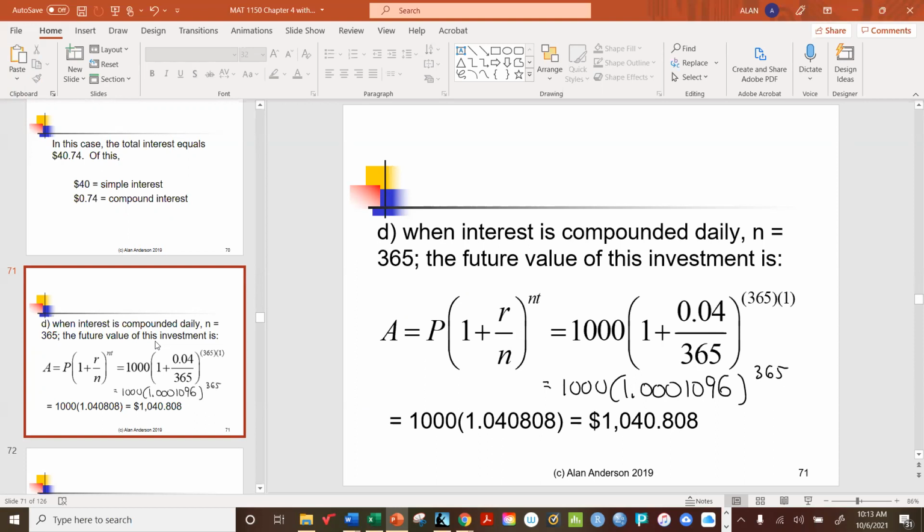And that's a lot of calculations, but that's what you get when you raise 1.0001096 to the 365th power. And so once again, you can see this last bit must be our compound interest, because we know that we started with 1,000, with $40 worth of simple interest. The rest is our compound interest.